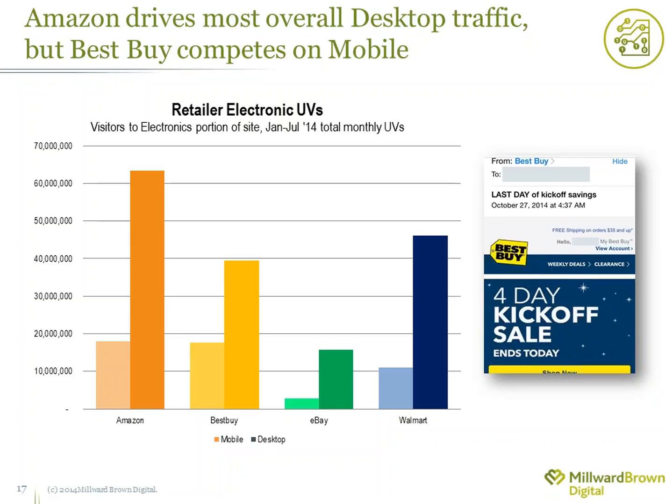So while the data on the left looks at the first half of the year or so, even as we've continued in Q3 and into Q4, these heavy mobile marketing efforts from Best Buy have continued, and you can see I have a screenshot there from October, from when they had a 4-day kickoff sale, and then going into Black Friday and Cyber Monday, they've continued to have heavy promotions and to send out pretty much daily messages to people who are signed up to receive their email blasts.